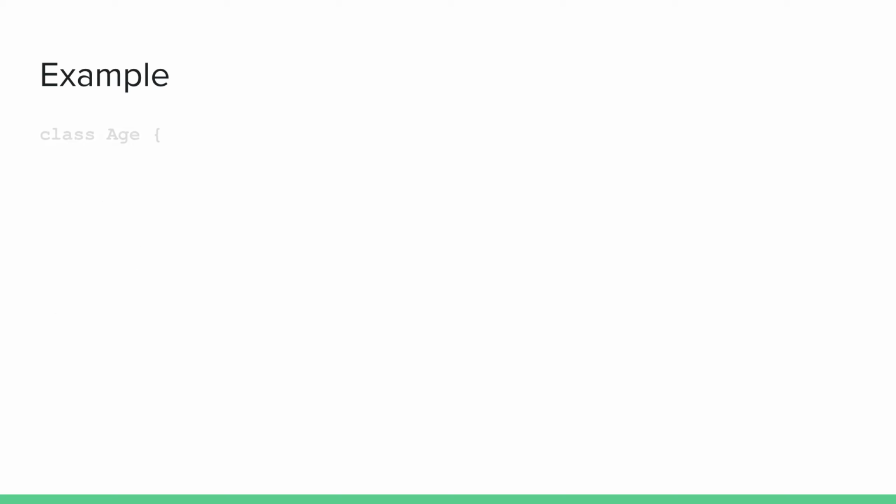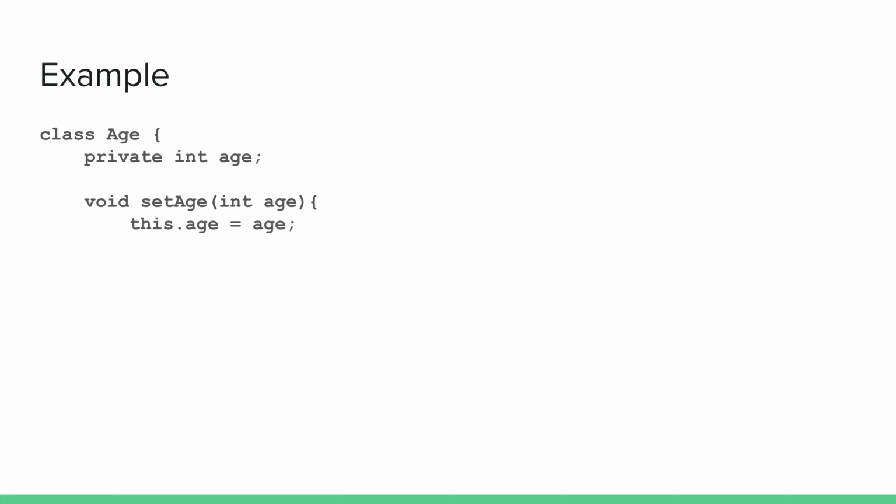Here's an example. We have a class called Age, and then we have a private integer age. And then we have a method called setAge, which sets the age to the local integer age that comes from the setAge method. Notice that age is private.